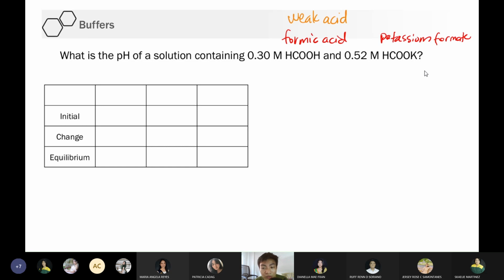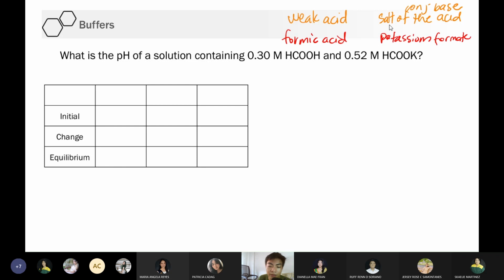So ibig sabihin, ito yung salt ng acid. So ito yung salt of the acid. Or basically, ito yung conjugate base natin. So you have a mixture of a weak acid and a conjugate base in the form of salt.